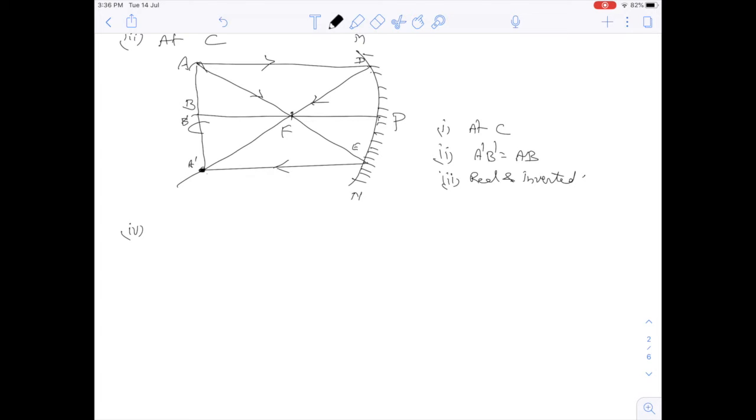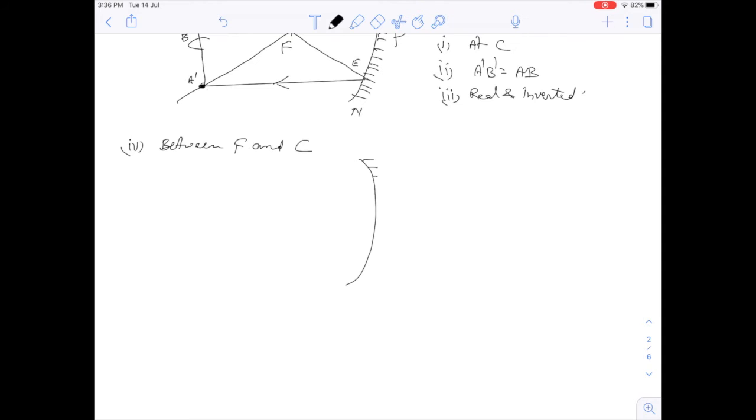Now where do we go? We go to the object between F and C. Now this is the concave mirror. This is P, and Mn is the surface of the concave mirror.